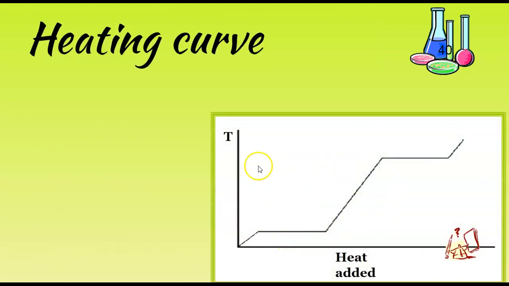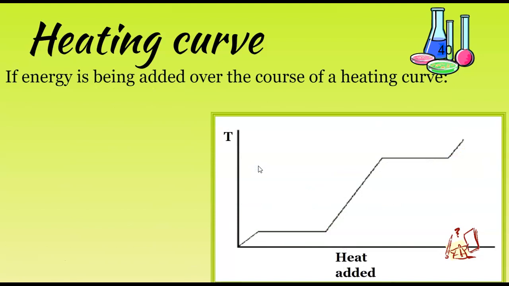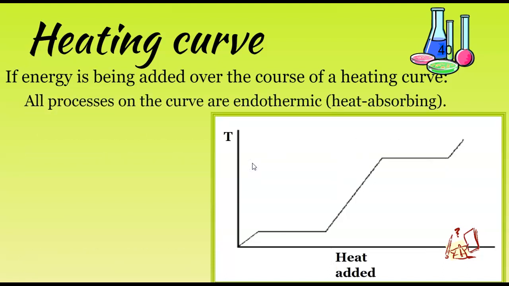Heating curve. Ooh, let's look at this heating curve. If energy is being added over the course of a heating curve, all processes are endothermic, heat absorbing. So when I'm going from a solid to a gas, all of those phase changes are endothermic, meaning I have to add heat into the system.